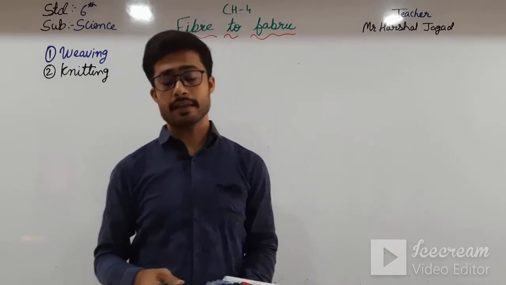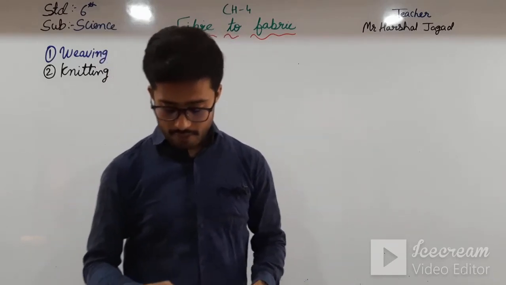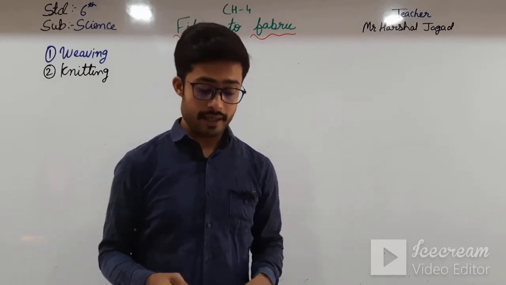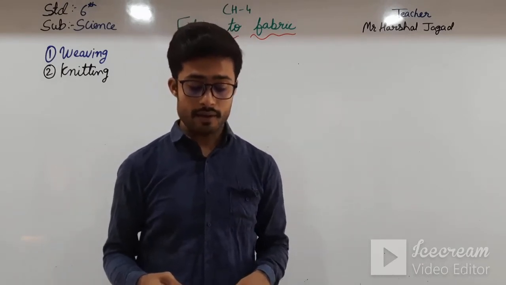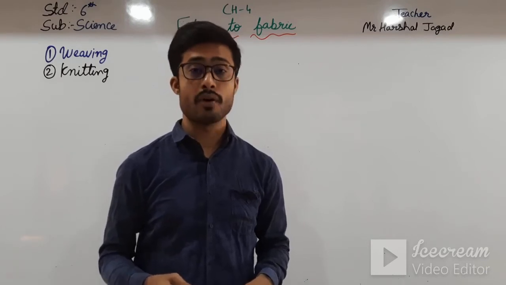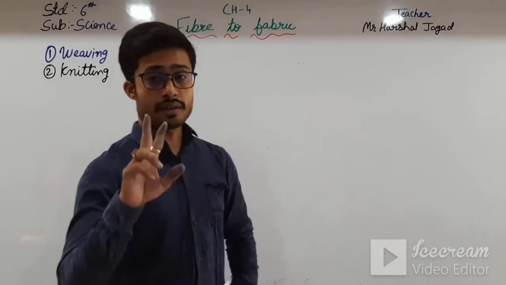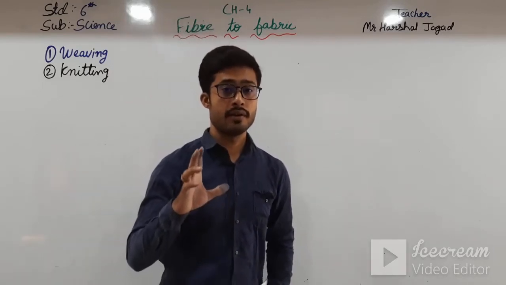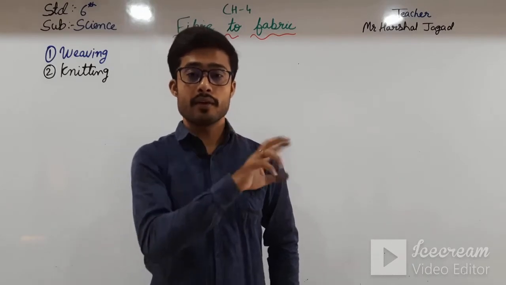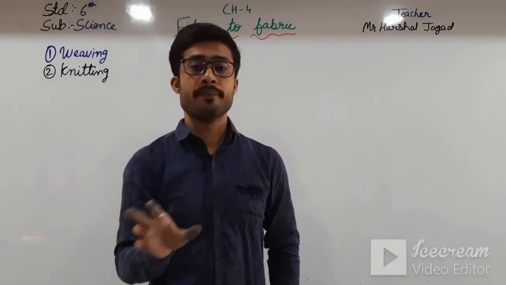See here in the next page, page number 45, it is given that in the process of weaving, two sets of yarn or thread are arranged together in a pattern to make the cloth. Means two threads or yarns are put together to make the cloth.